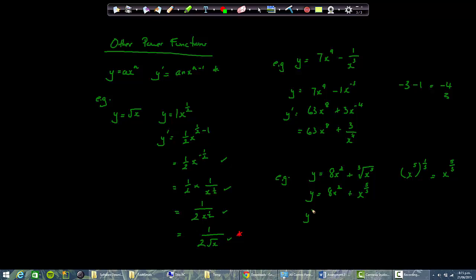And now deriving, 16x plus 5 thirds x to the power of, well, what would it be? 5 thirds take away 1 is the same as 5 thirds take away 3 thirds. That's going to be 2 thirds.